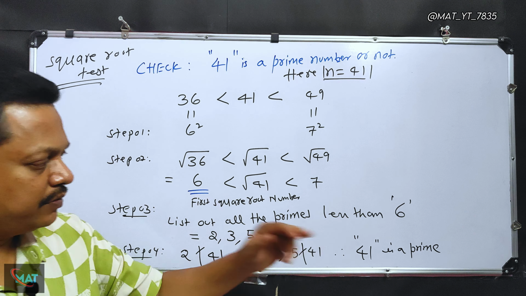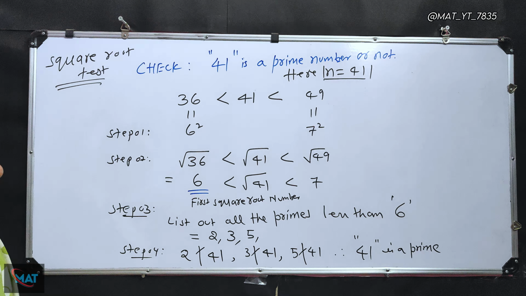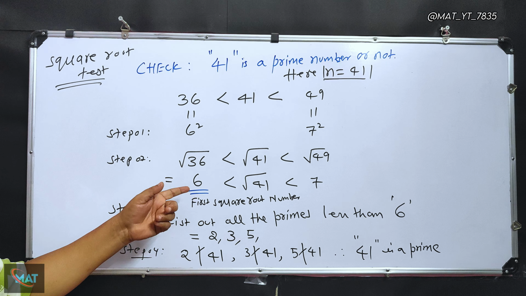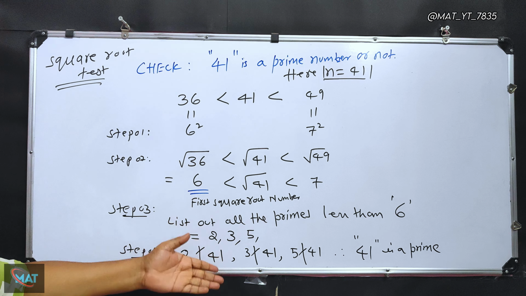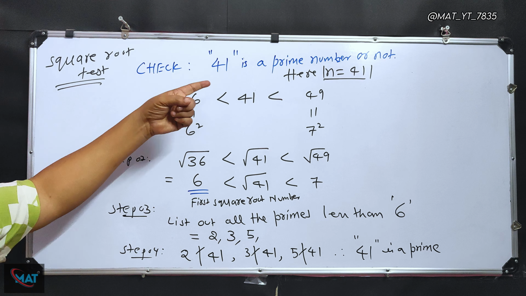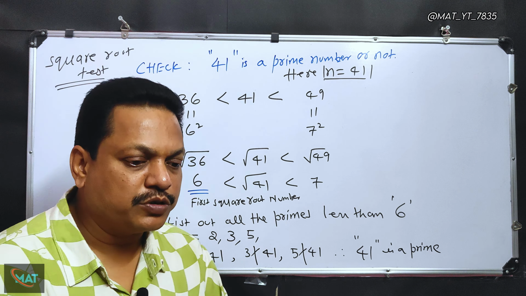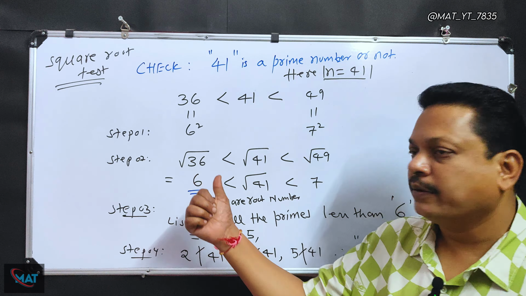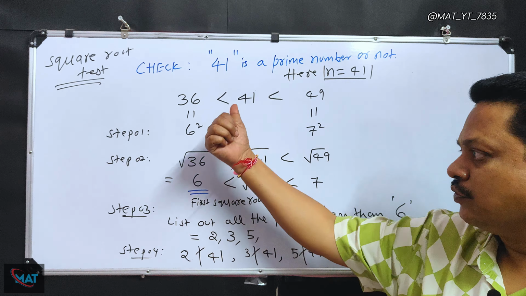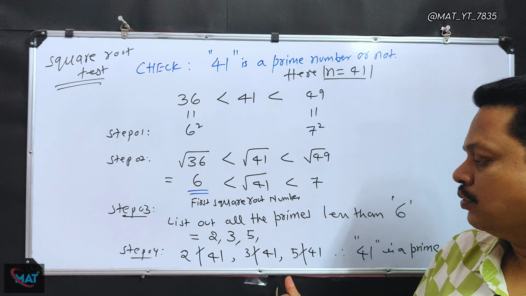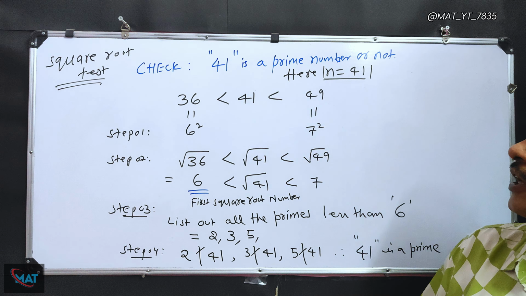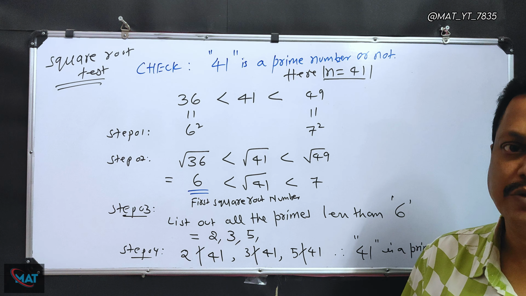I will give one more example so that you get clarity about the protocol, the 4-step mechanism, for checking whether a number is a prime number or a composite number.